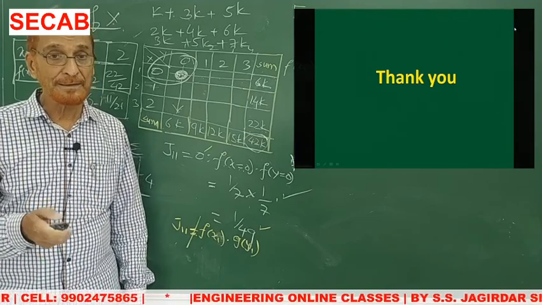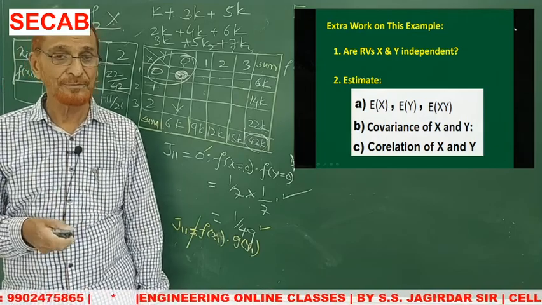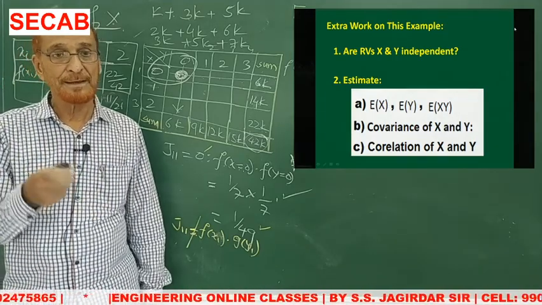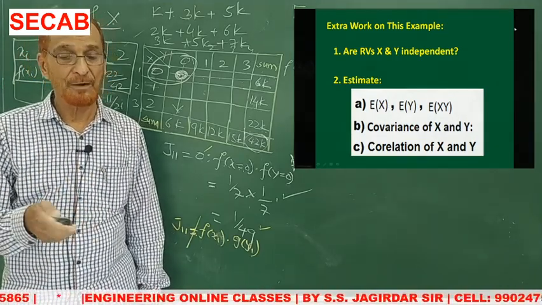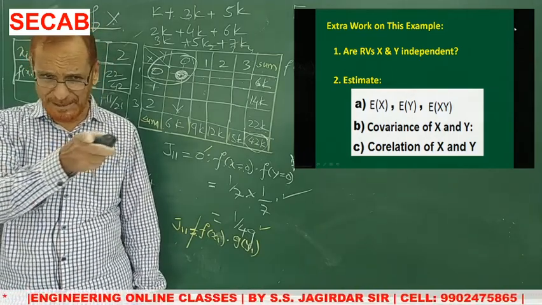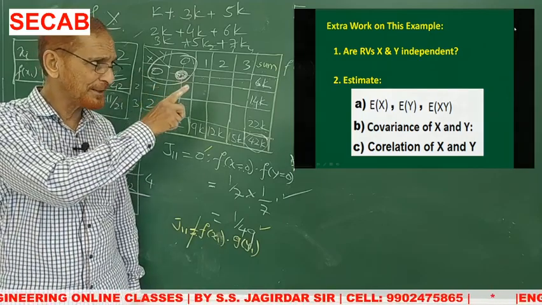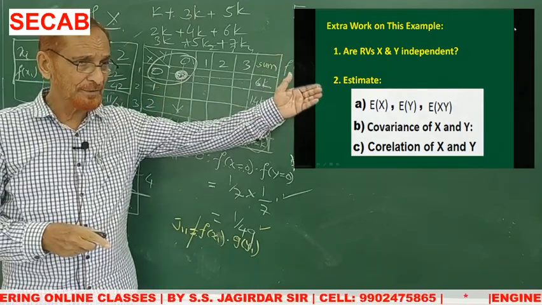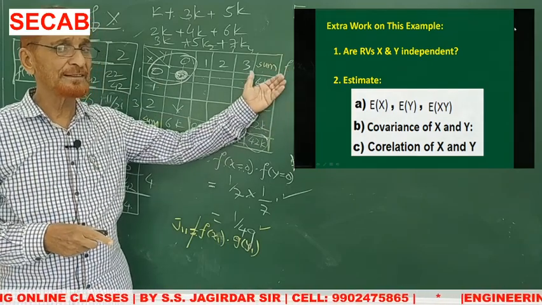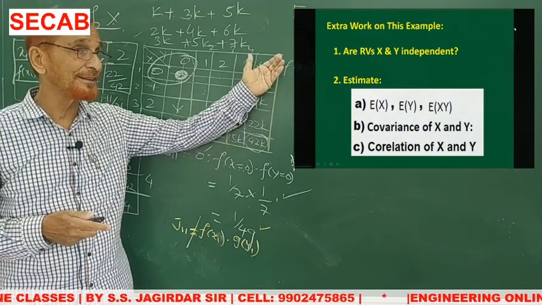This particular thing I want you to do yourself, and please complete it, and then we will see in the next type of example. Once again, in some example I will work out these: expectation of x, expectation of y, and expectation of xy, and then covariance of x and y. You remember the formula. What is the formula for covariance of x and y?